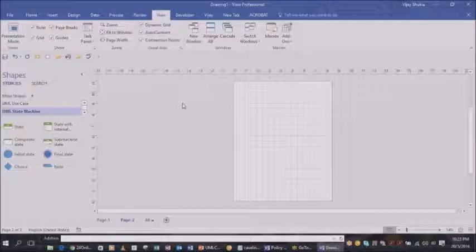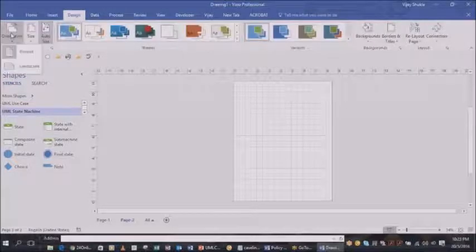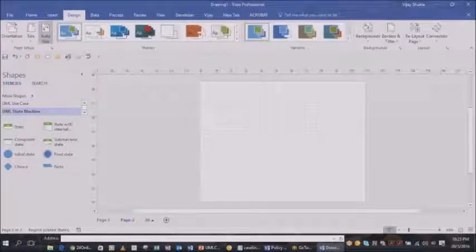You can see the UML State Machine model is now open, and the State Machine model is typically a horizontal model. So I will go to Home or Design, and in the design I will change this orientation to portrait. So I start my diagram with the initial state.